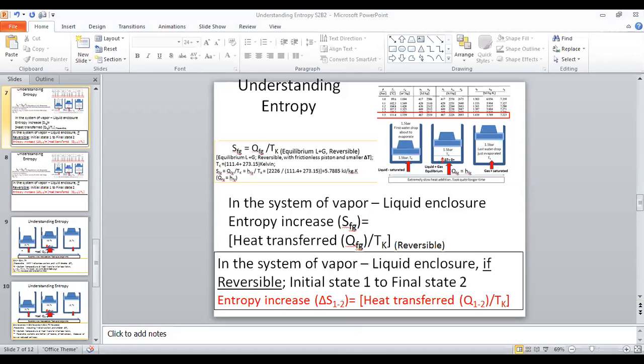So I'm going to post this entropy one. Yes, it's being posted now.